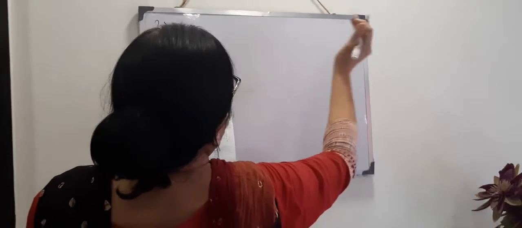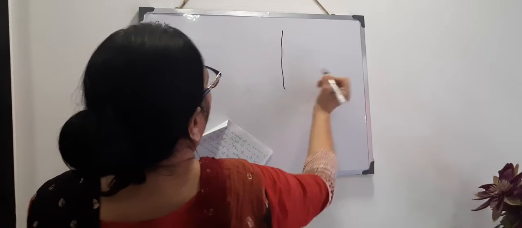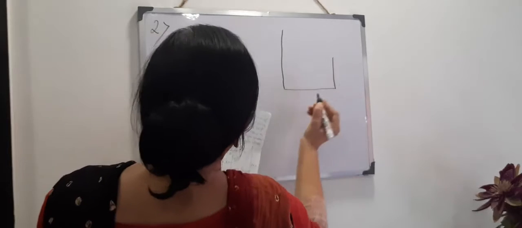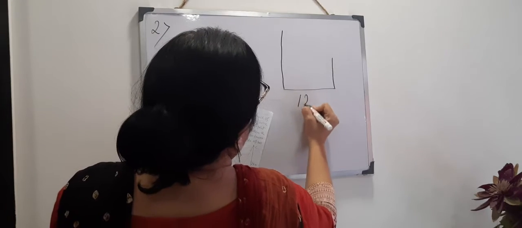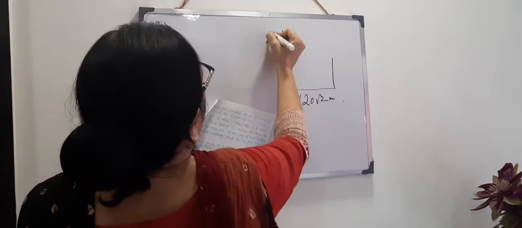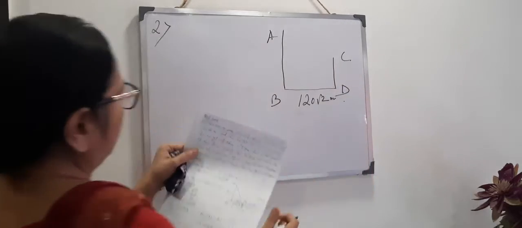So here height of one is twice the height of other. Height of one tower is twice the height of other, and the distance between them is given 120 root 2 meter. Now we are considering, let it be AB and this is CD. Clear?